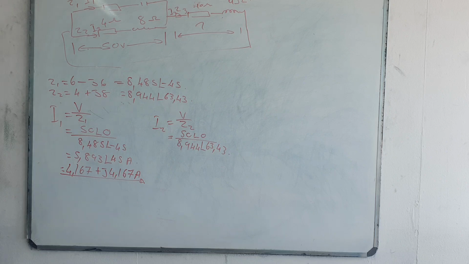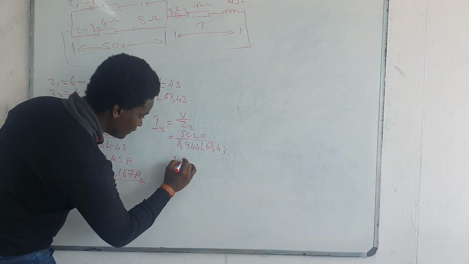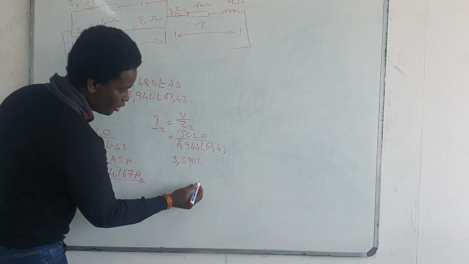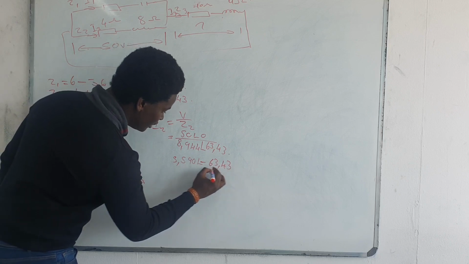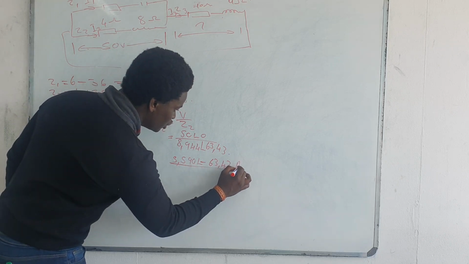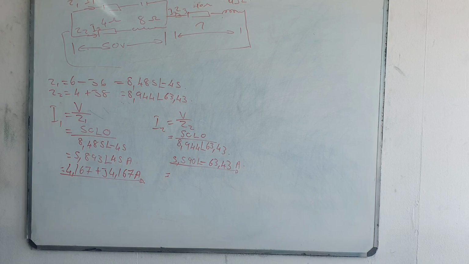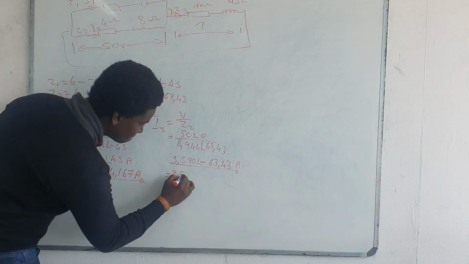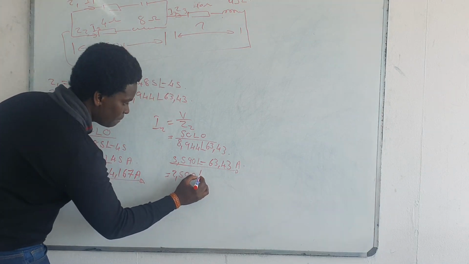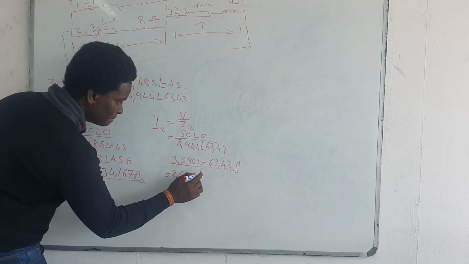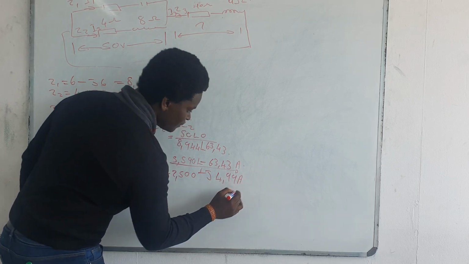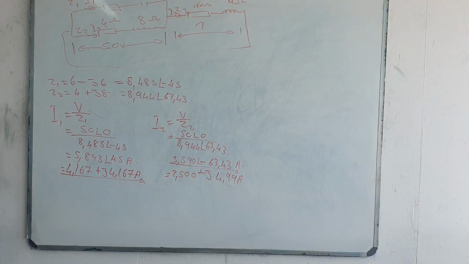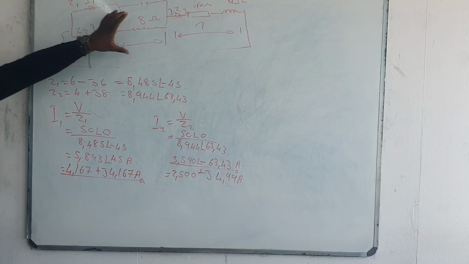Your answer will be 5-something as well, 5.590, at an angle that will now be negative 63.43. If we convert this into rectangular form, we get 2.5 minus J5 amps. Okay, so now I1 plus I2 gives us I3.